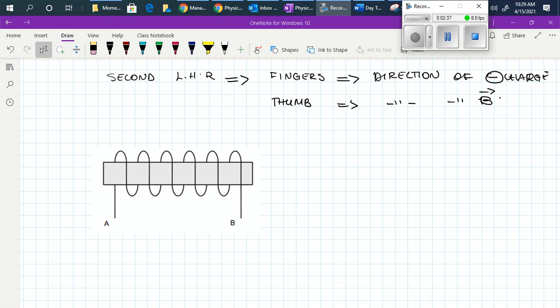So let's suppose that the direction of the electron flow is from A to B. What you have to do is, with your fingers, mimic the direction of the electron. So if it is moving from A to B, then when it is coming up here, the electron will move this way, and then go up here, and so on and so forth.